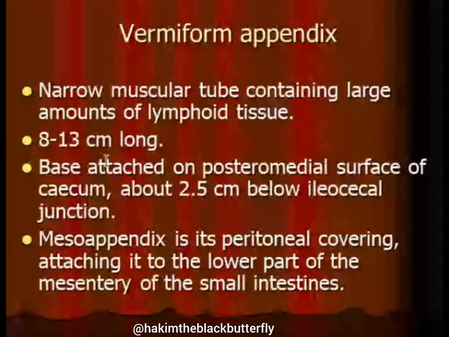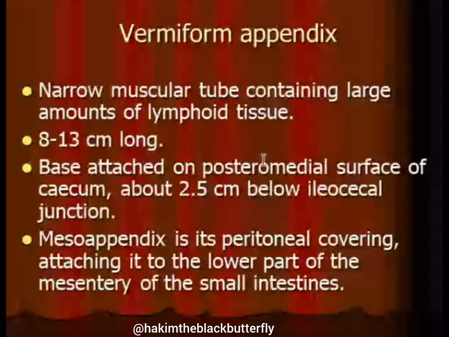On average, the vermiform appendix, vermiform means worm-like, is between 8 to 13 centimeters. Attached to the cecum posteromedially. That is why we say it is the medial relation of the cecum.